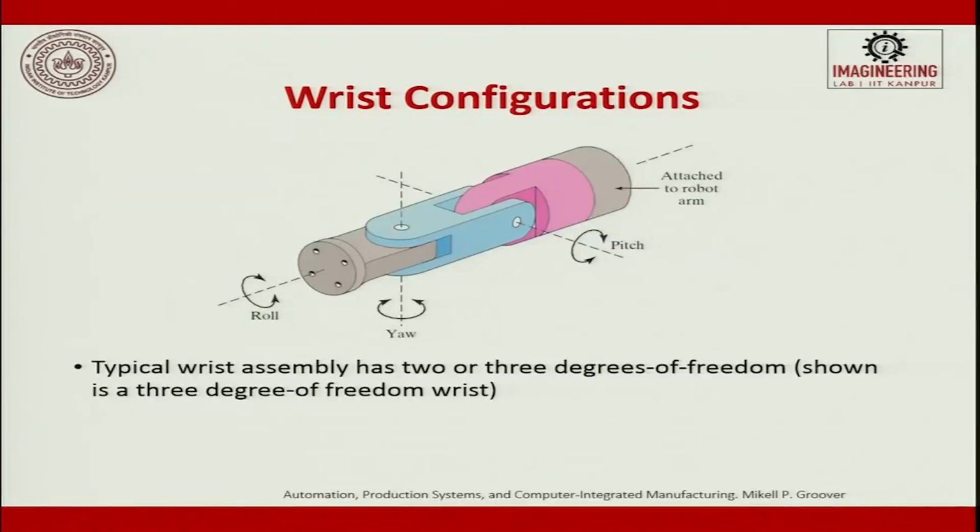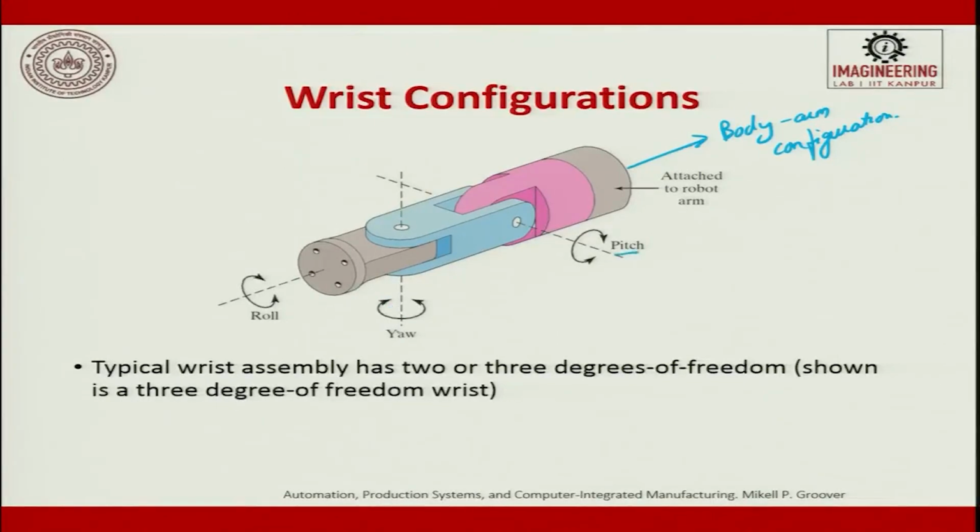So, this is attached to body arm configuration, and then what is happening is this will be attached to a wrist. So, in the wrist you have pitch, this is pitch, pitch is this motion, and then you have roll, this is roll, and then finally you have yaw.